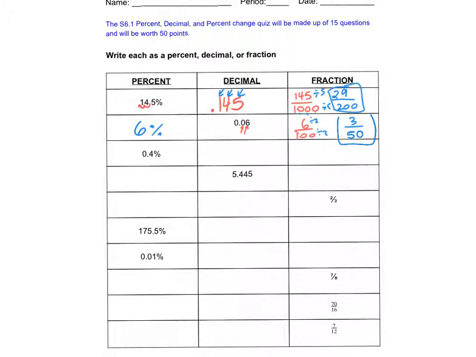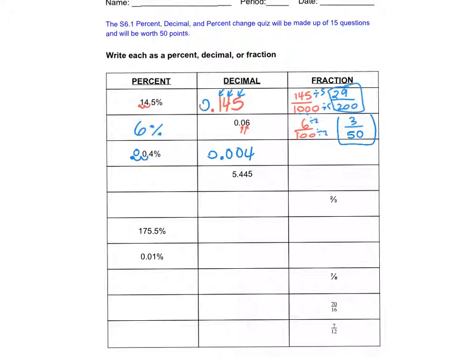All right. The next one, 0.4%. It may look like a decimal to you because there's a decimal point, but because there's a percent, it means it's a percent. So you move away from the percent, 2 to the left, fill in that little extra blank with a 0, and it's really 0.004.